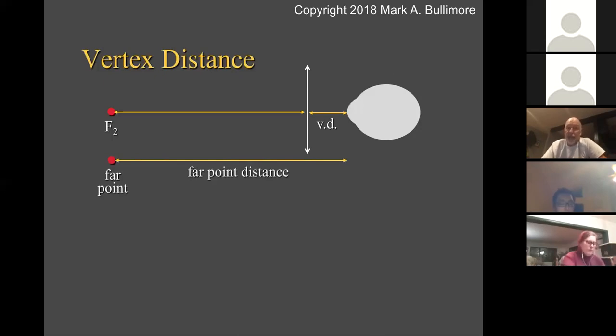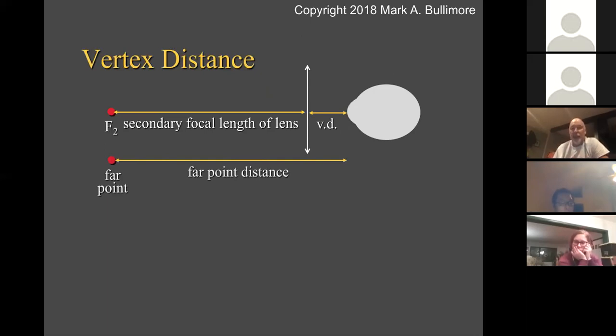If we do that, remember, for parallel light coming in and hitting that lens, whether it's a minus lens, as is shown here, even though it looks plus, the image for an object at infinity is going to be formed at the secondary focal point. That image then becomes the object for the patient's eye, and if that object is at the far point, they will get an image clearly on the retina, and they'll pay your exorbitant professional fees.